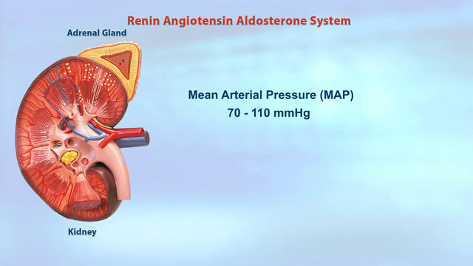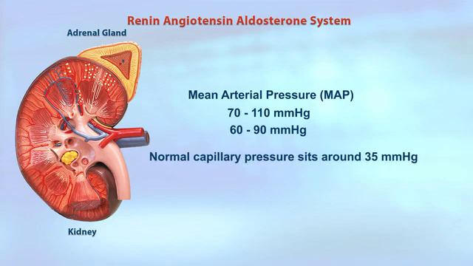The other set of pressures I want you to keep in mind is 60 to 90 millimeters of mercury worth of pressure. So in a normal capillary bed in your body, your normal capillary pressures sit around 35 millimeters of mercury.